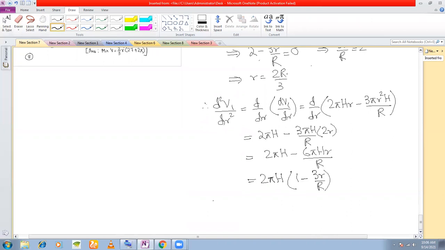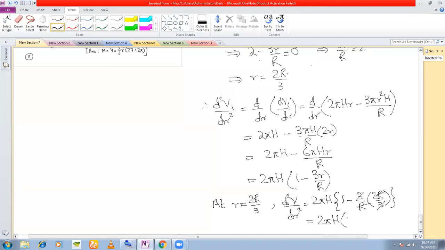Now we want to check the sign of this at r is equal to 2R/3. d²V1/dr² is equal to 2πh into 1 minus 3/R into 2R/3. So this R gets cancelled, and this 3 also gets cancelled. So you get 1 minus 2, which is negative, right?